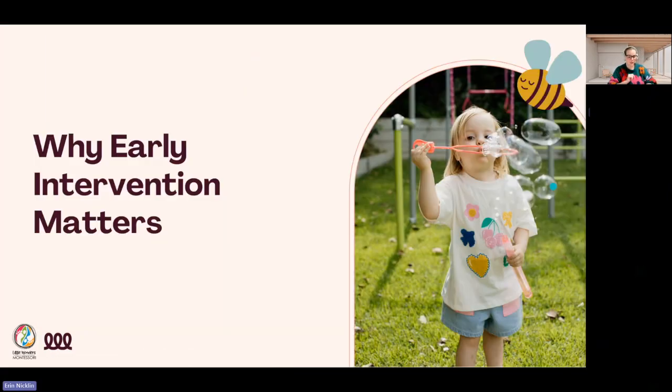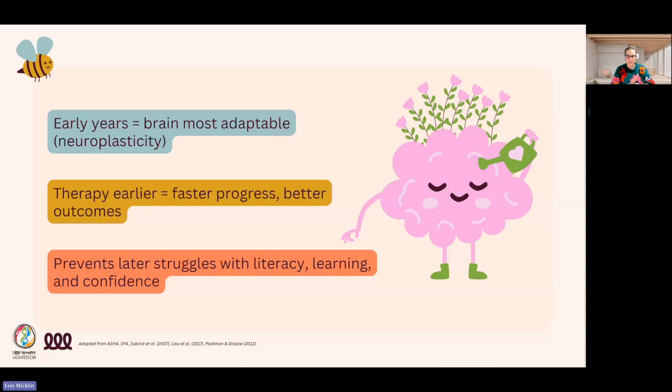All right, so we're going to talk about why early intervention matters. This is probably our key takeaway tonight, our most important takeaway after understanding the vocabulary and the concepts that we're going through today. So the brain in the early years is at its most adaptable. We call this neuroplasticity, as we mentioned before.